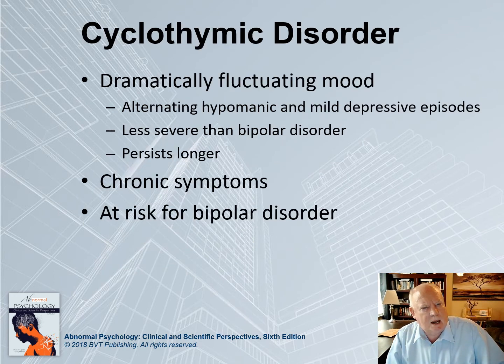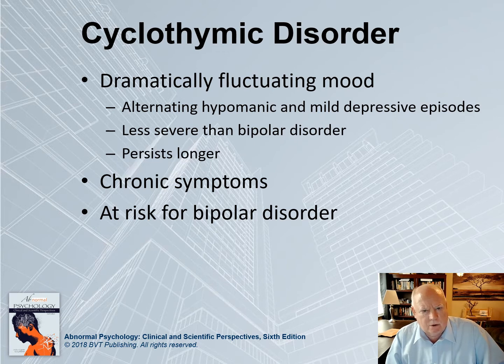Just like we had a milder but more persistent version of major depression, which we call dysthymia, now called persistent depressive disorder, we have a milder but more persistent version of bipolar disorder called cyclothymic disorder.